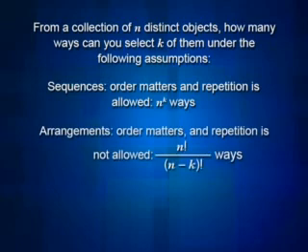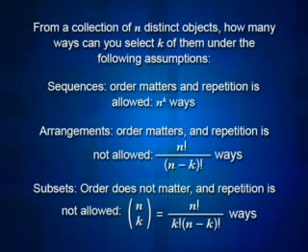For arrangements, where order matters and repetition is not allowed, we came up with the answer of n factorial over n minus k factorial. And in the case of subsets, where order does not matter and repetition is not allowed, we came up with our answer n choose k, n factorial over k factorial times n minus k factorial. It's the number of subsets or combinations.